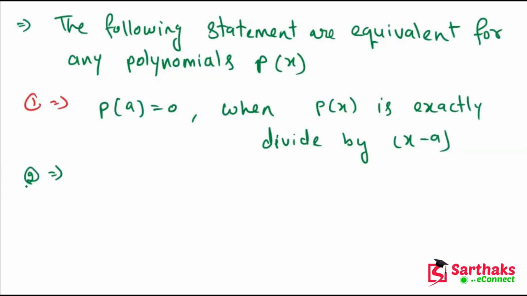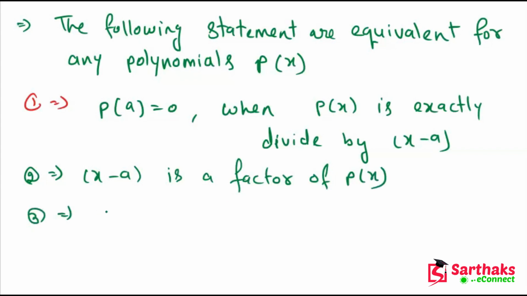The second statement is that x minus a is a factor of p of x. The third statement is that a is the solution to p of x.